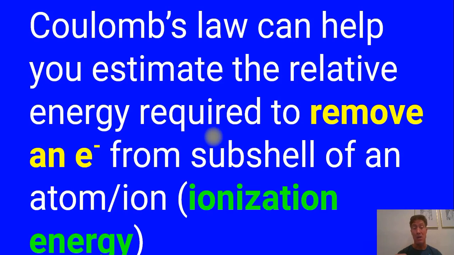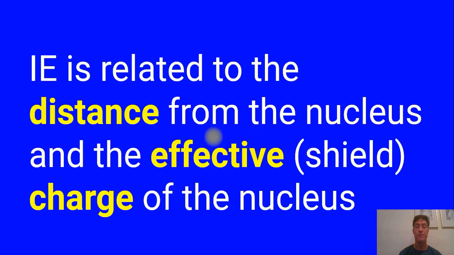And the amount of energy is going to vary depending on how far away that negative charge is from the positive nucleus. The closer it is in those core subshells, the more energy it will take to ionize and to release that electron. The further it is away from the nucleus, the less energy it will take to ionize or take it away from the nucleus.